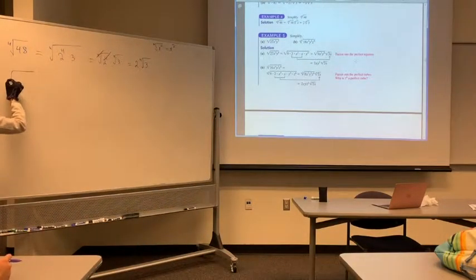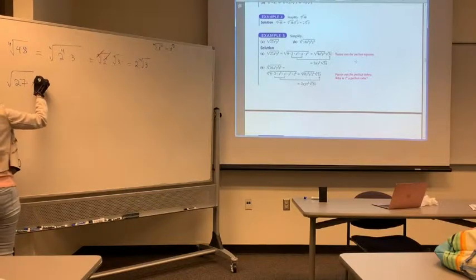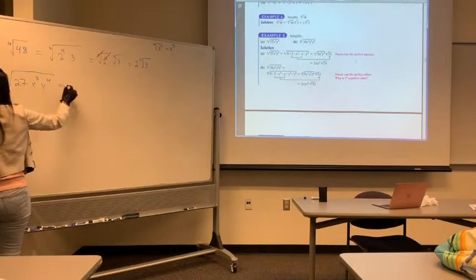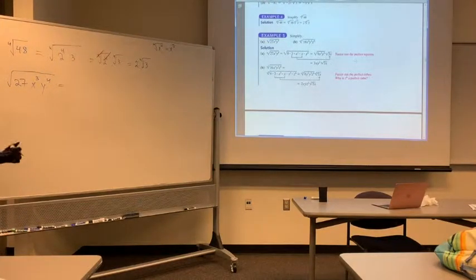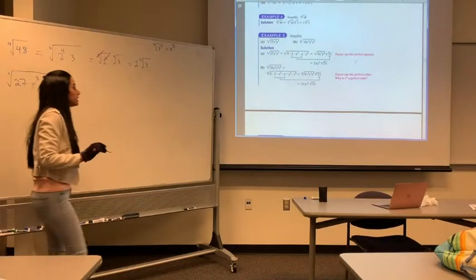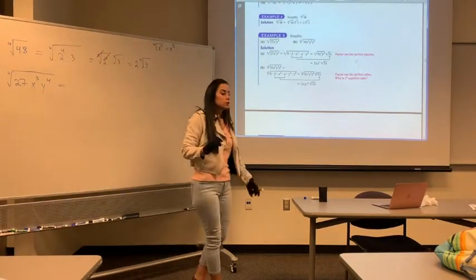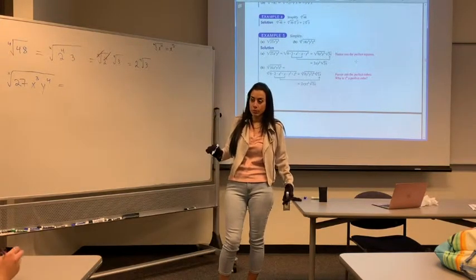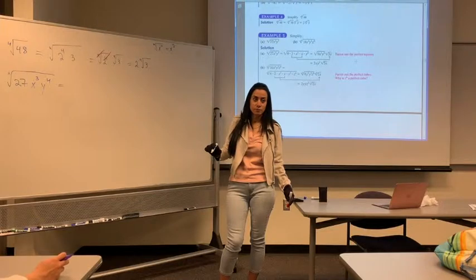The next one is 27 x power 3 y power 4. Index is 2, correct? When we don't have any index, index is 2. So 27 is 9 multiplied by 3, right?